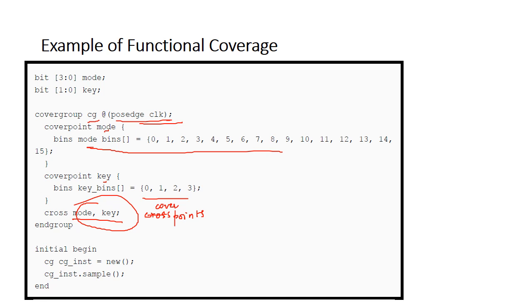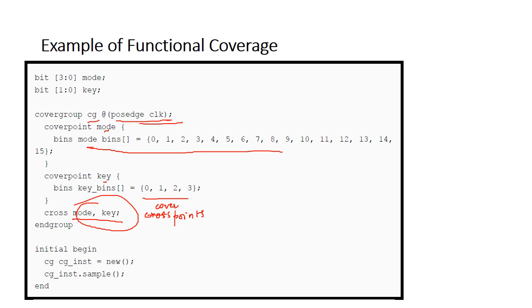Here we have mode as well as key. These mode and key are defined as cover points with bins for all the possible values. For mode it is from 0 to 15, for key it is from 0 to 3.